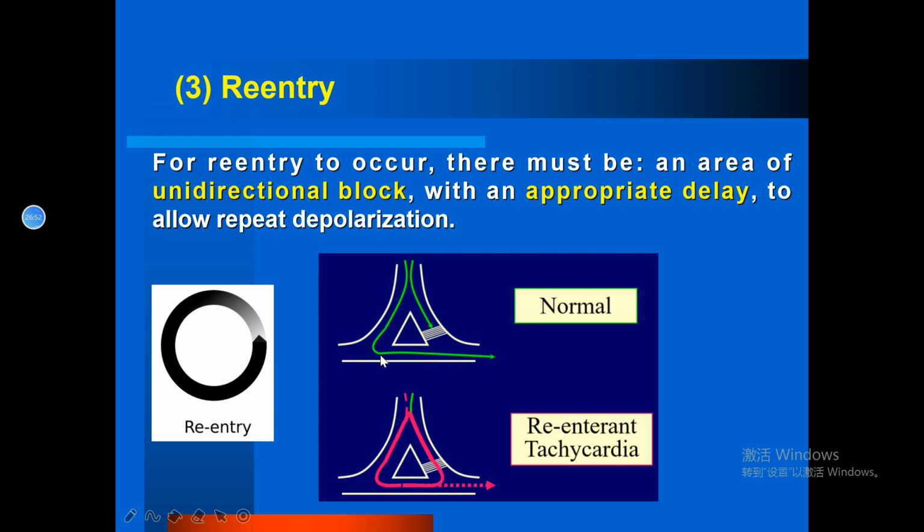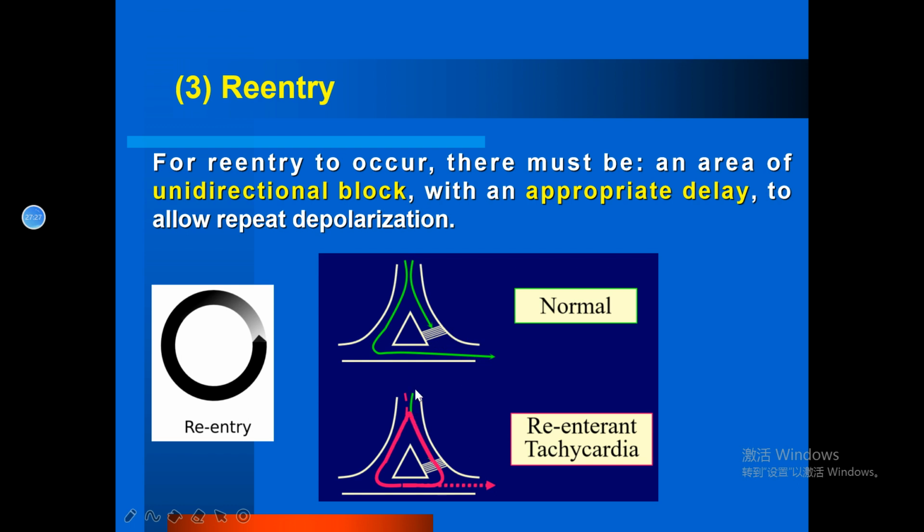So this is the normal activity. Most of the time it only has one activity from the top to the bottom, and this place has a unidirectional block. You understand that the potential cannot transmit from the top to the bottom through this place.